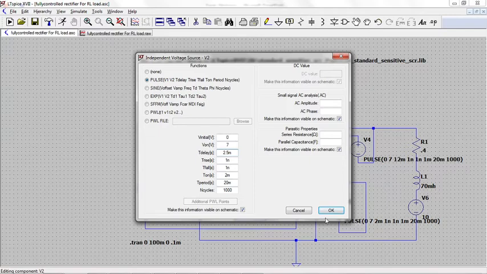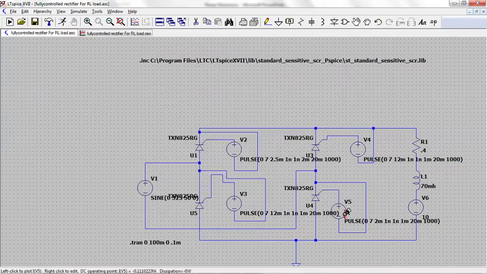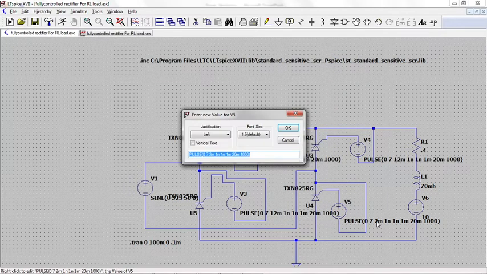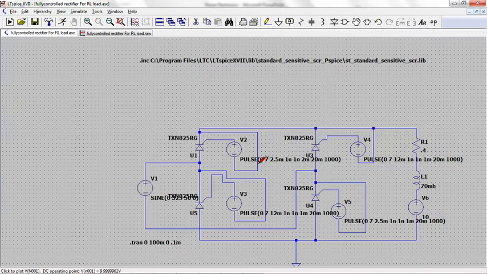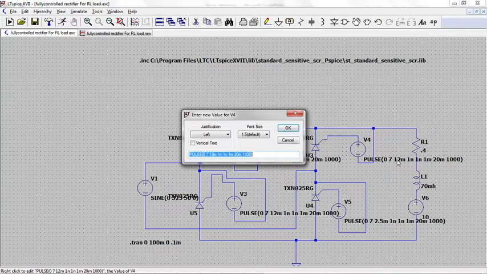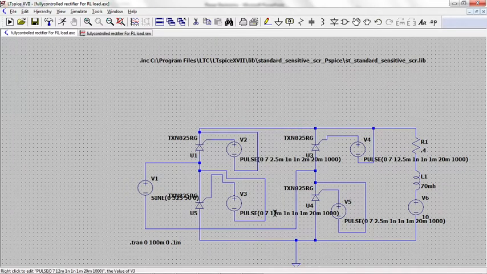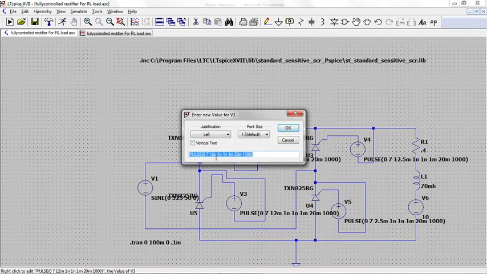What are the timings then? 2.5 milliseconds means 0.5 milliseconds, which is about 45 degrees. This we need to make 12.5, because 10 is one half cycle. We need to make it 12.5.